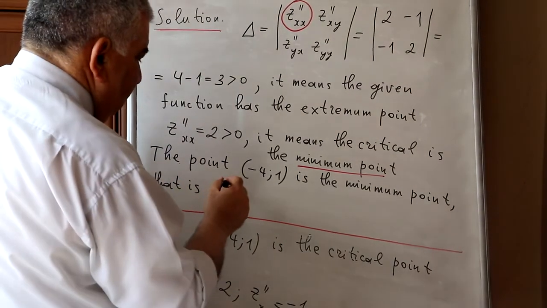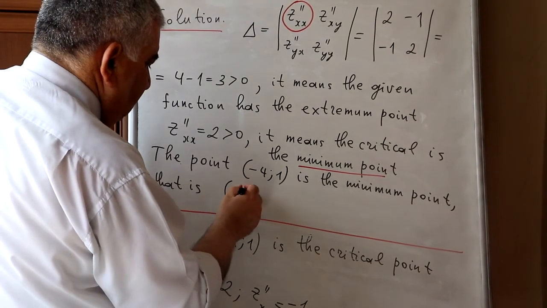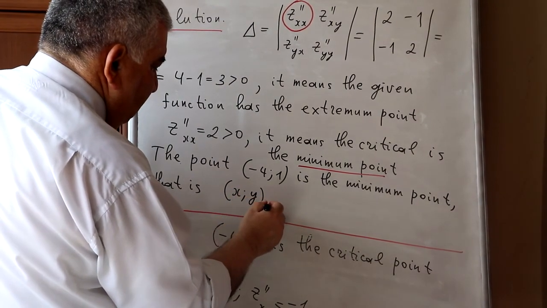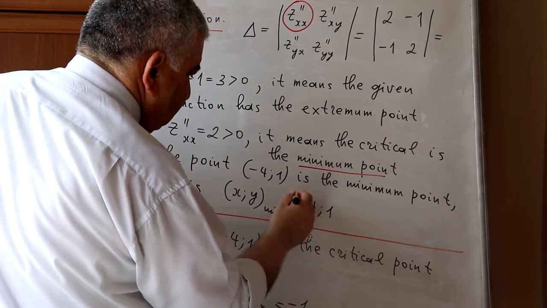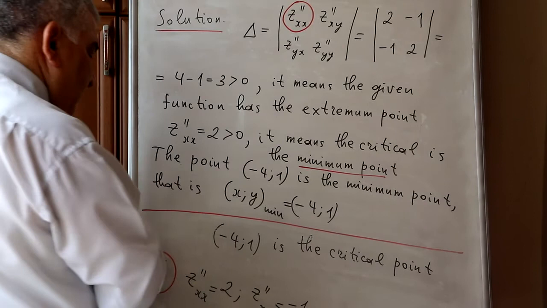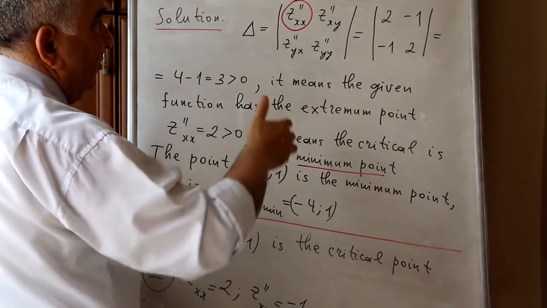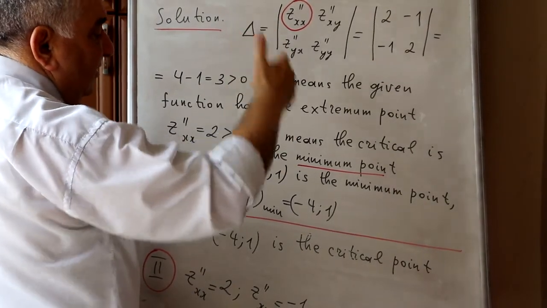That is, (x, y) minimum is minus 4, 1. Then calculate the minimum itself, the minimum of the function.